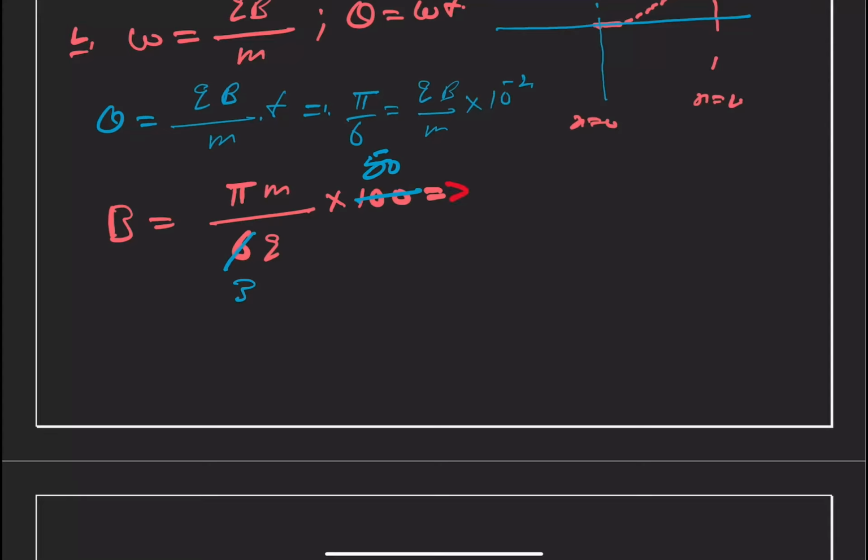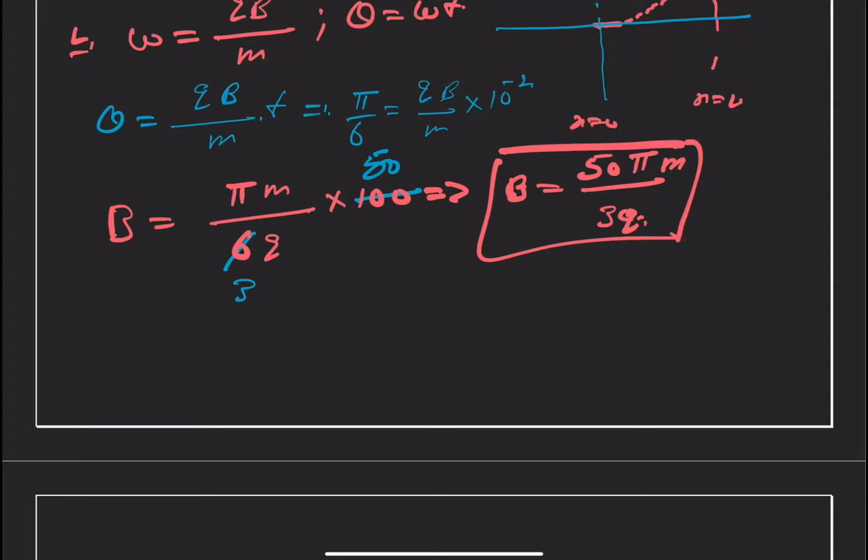So we get our magnetic field B is equal to 50 pi m upon 3q. So we found out the magnitude, and we also need to find the direction.